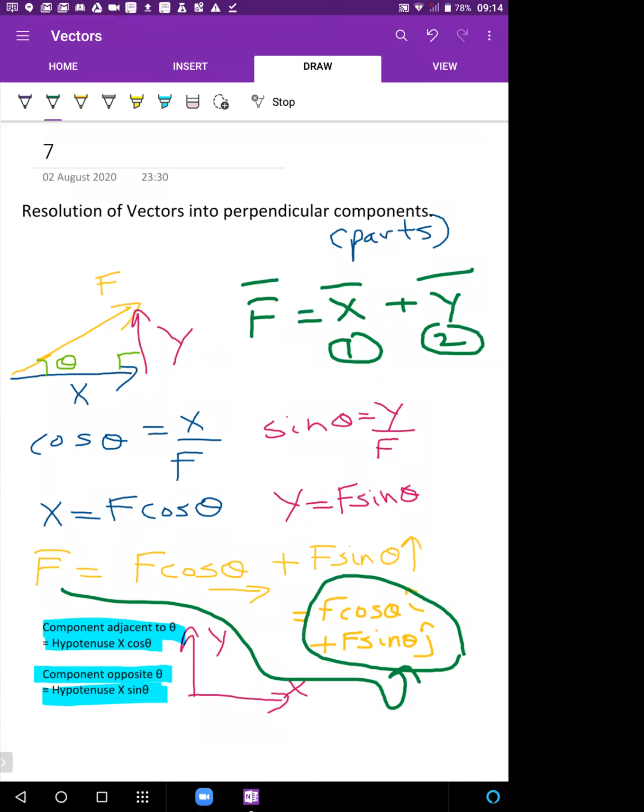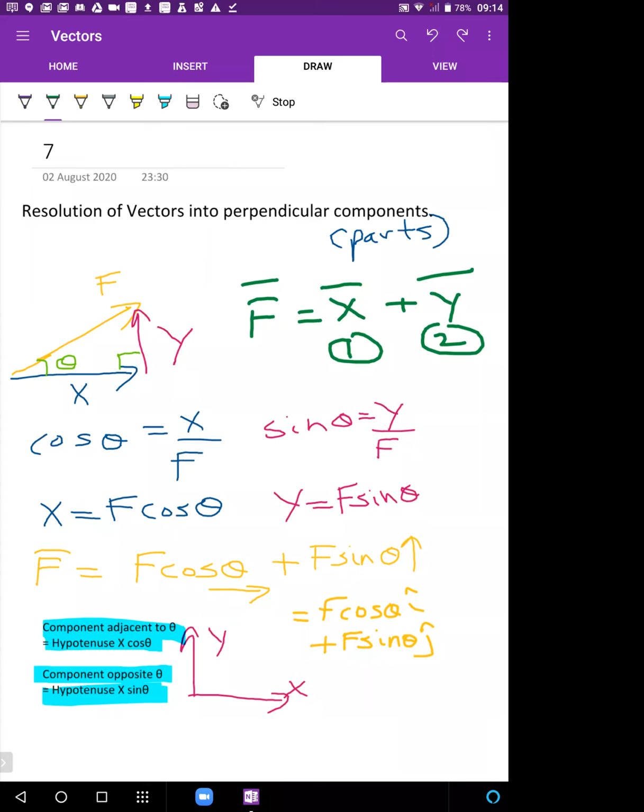I've written that vector somehow in terms of I cap and j cap. Girish, yes, we'll do that eventually. So we have written this vector in terms of I cap and j cap.